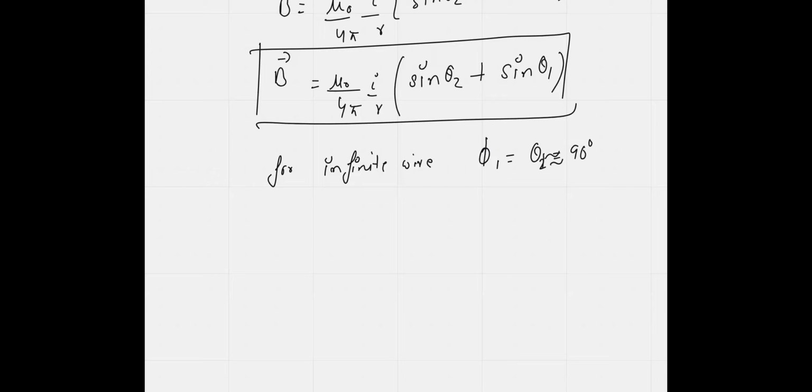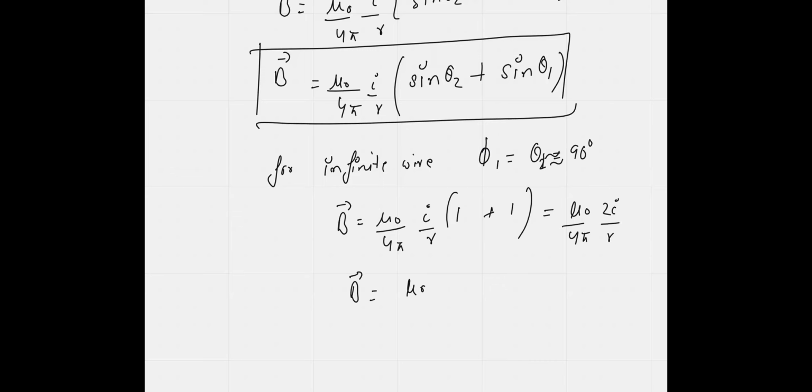In that case, B will come out as mu naught divided by 4 pi, I by R times 1 plus 1. That will be mu naught by 4 pi times 2 I by R. And you can rewrite it as mu naught I by 2 pi R.